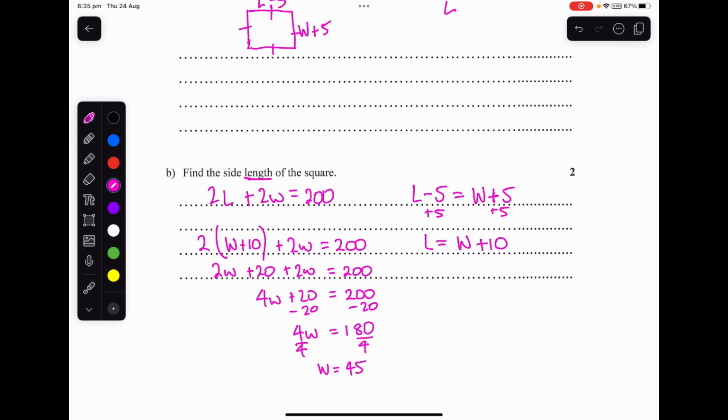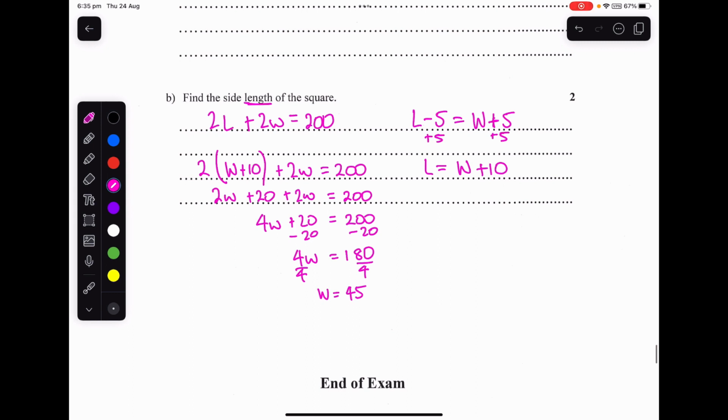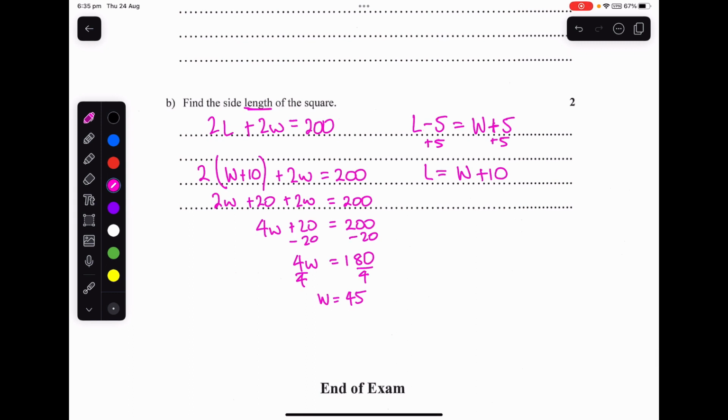Now they wanted me to find the length, didn't they? So from here, my width is 45. So my length of the square, the L, is going to be W plus 5. L minus 5 equals W plus 5. Now I know what my W is. So again, I can use L equals W plus 10.